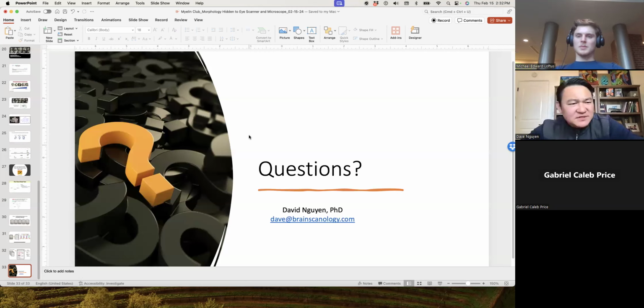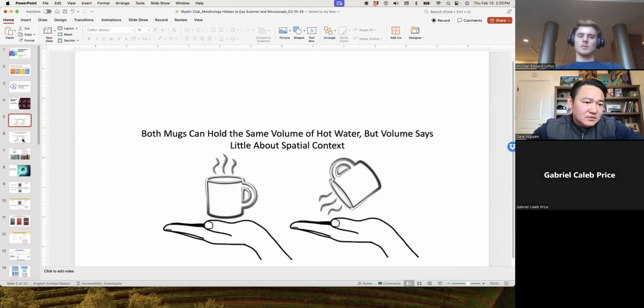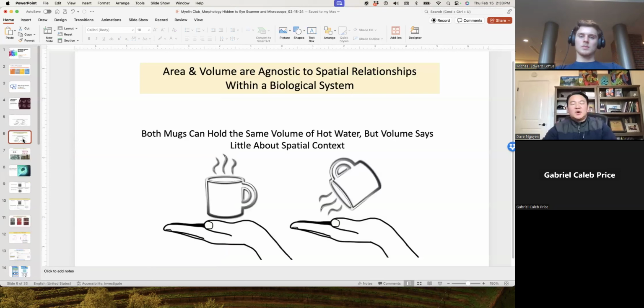Yeah, the primary difference is that the LCPC transform in Shape Genie captures spatial context in a way that other methods can't. The advantage isn't in the actual data science models. The advantage we provide is how we extract the data before you even apply the model to it. For example, the hot water, or hot coffee mugs.